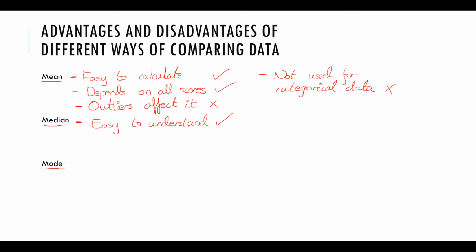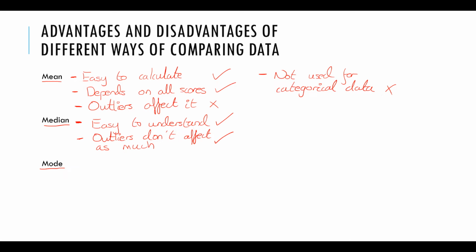But if there are 1 or 2 scores right at the edge, those outliers, they don't actually affect it as much as they do the mean. So that is another good advantage of the median.